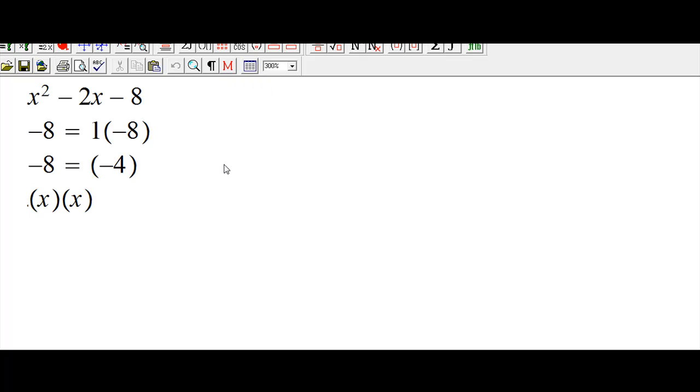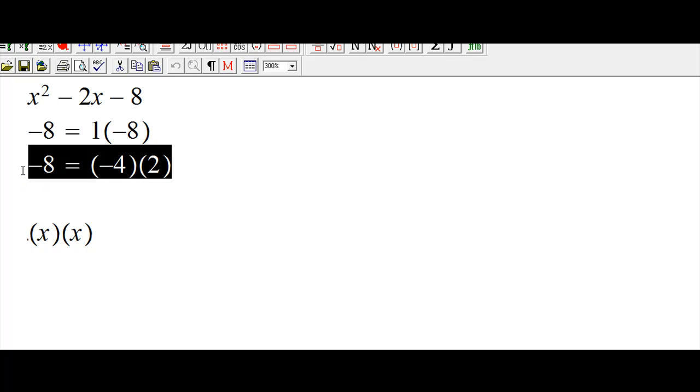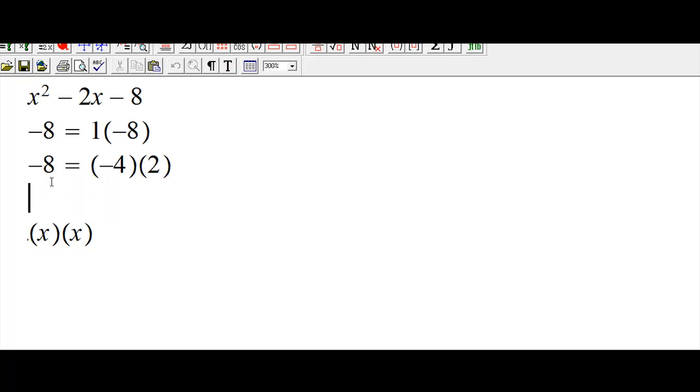Negative 4 times 2, or you can write 2 times negative 4, or 4 times negative 2, right? Everybody clear? So here we have 4 times negative 2.